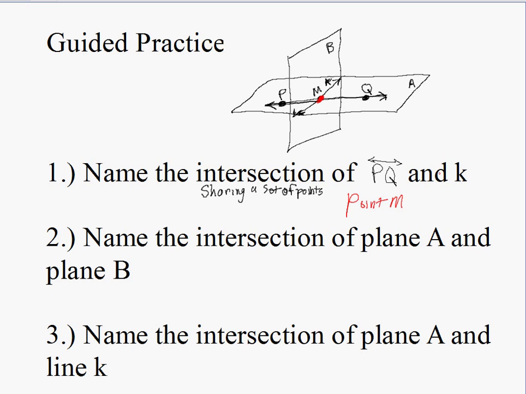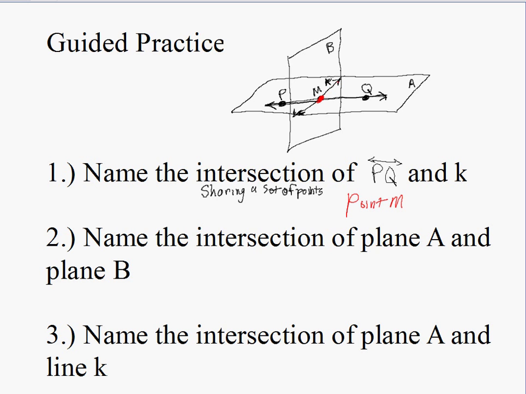Okay. Number 2, name the intersection of plane A and plane B. Well, if you go back a couple of cards, remember I told you that 2 planes intersect at a line. So if we look at plane A and we look at plane B, we have this line right here.